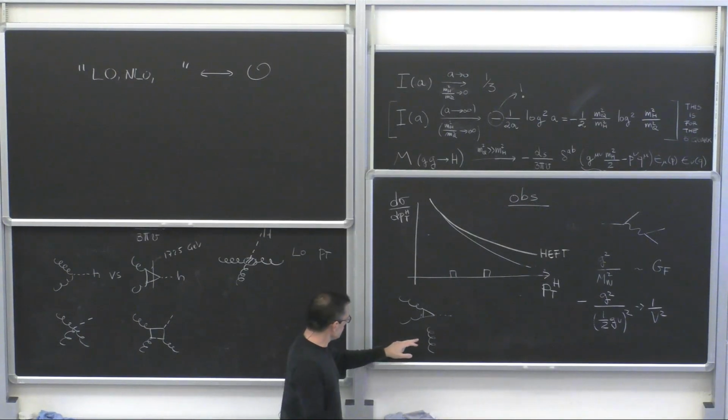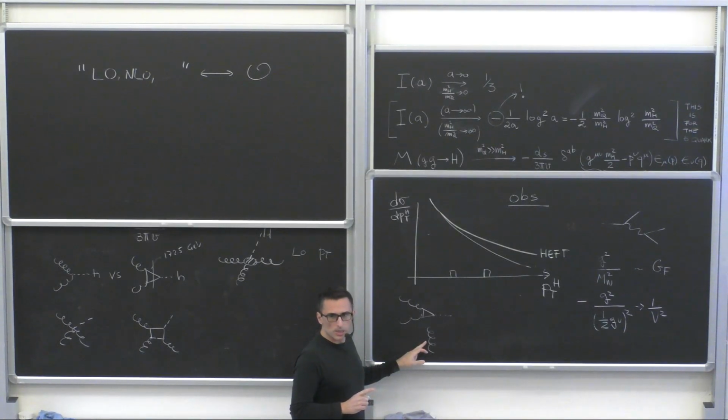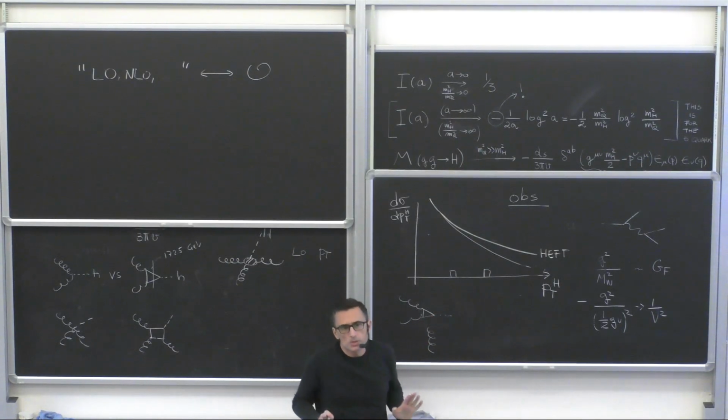Now, if the wavelength of this gluon is longer than the size of the loop, the gluon will not see the loop. Should I repeat? It's a Heisenberg argument.